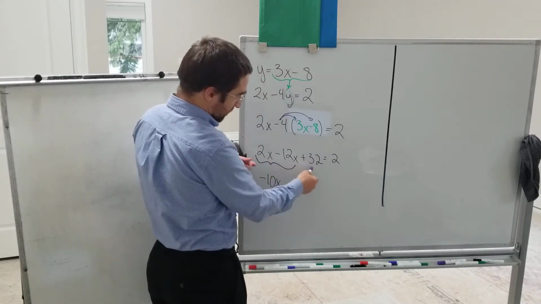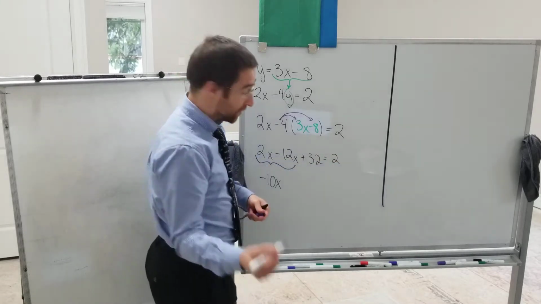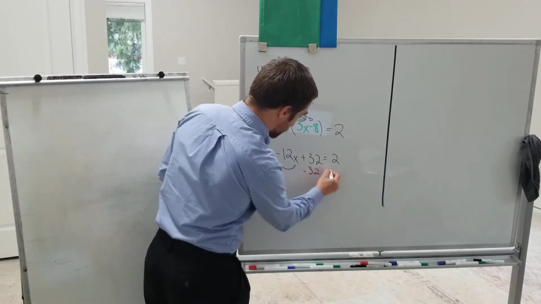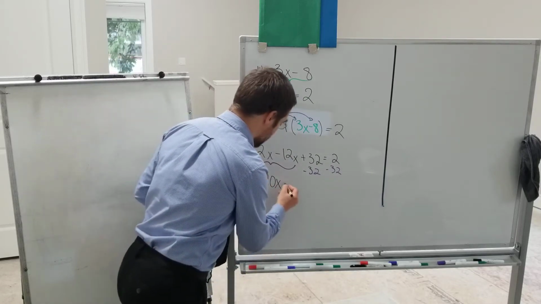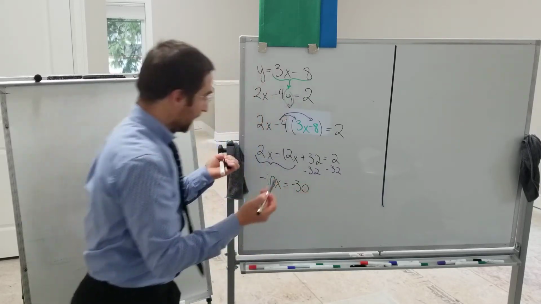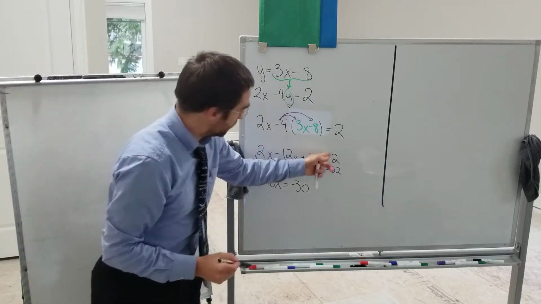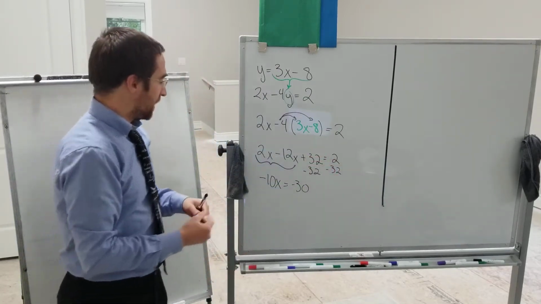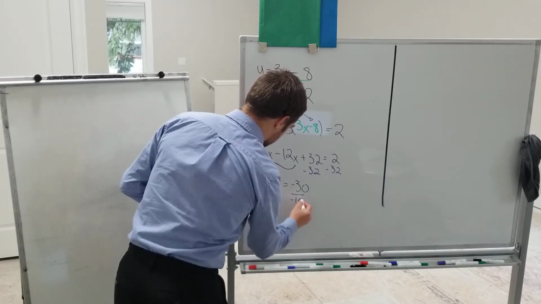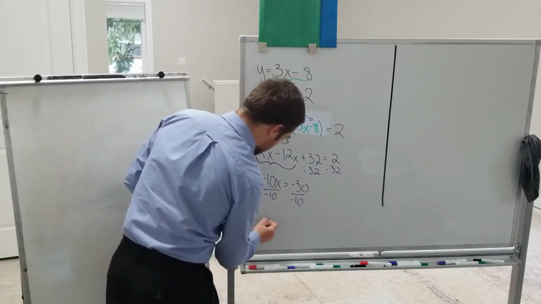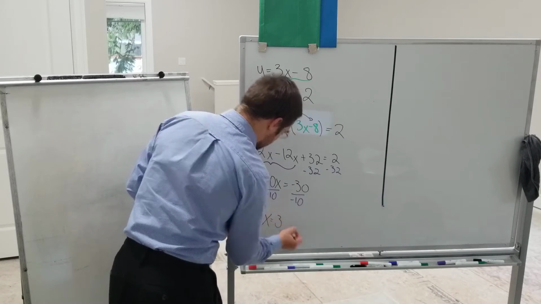And then I can undo that plus 32 by subtracting 32 on each side. So I get negative 10x equals negative 30, because 2 minus 32 is negative 30. And then I just divide by negative 10. And that gives me x equals 3.